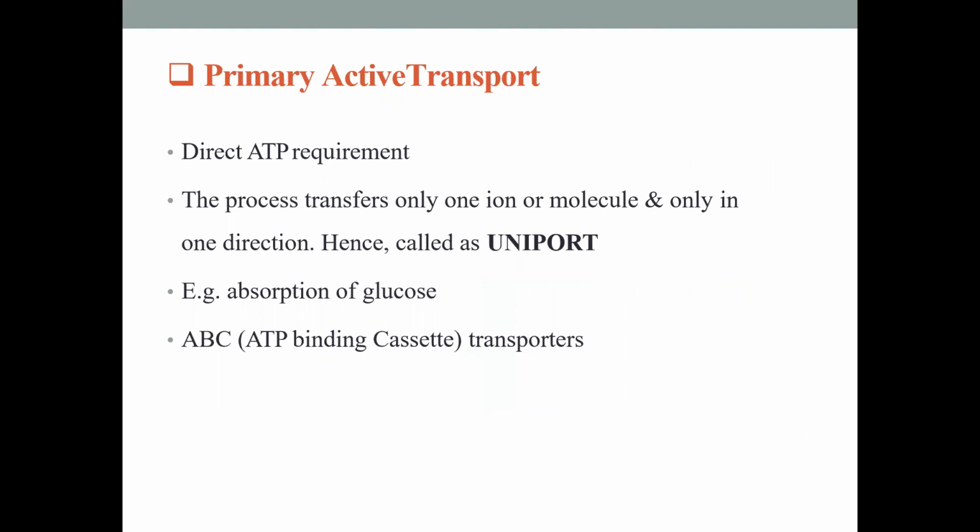In primary active transport, there is a direct requirement of ATP, and the process where only one ion or molecule is transported in one direction is called uniport. For example, absorption of glucose molecules.